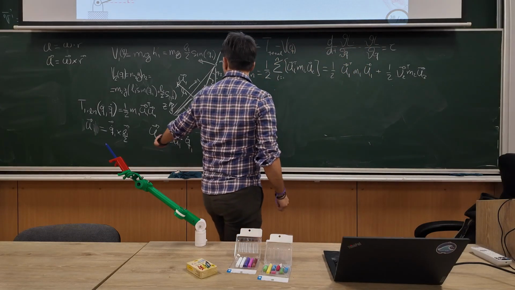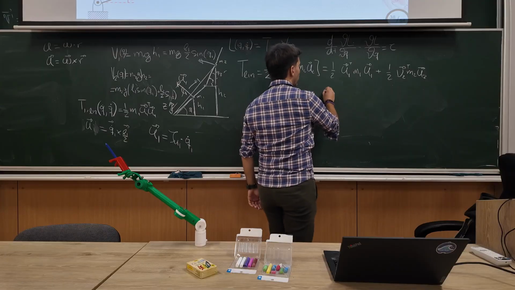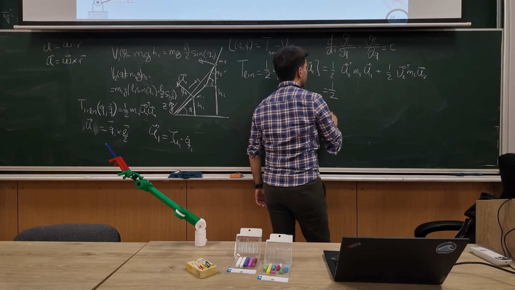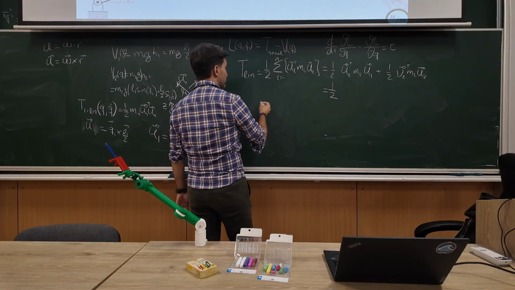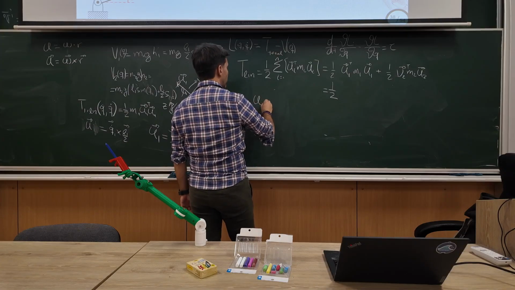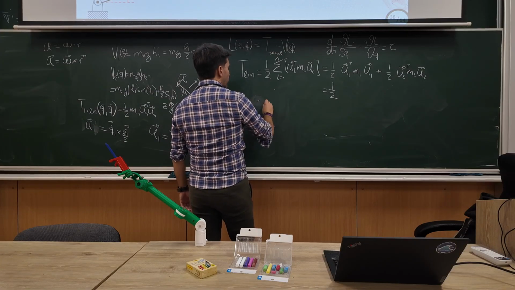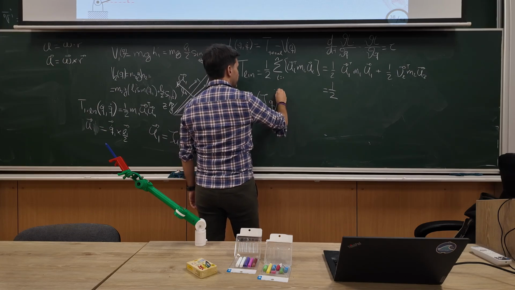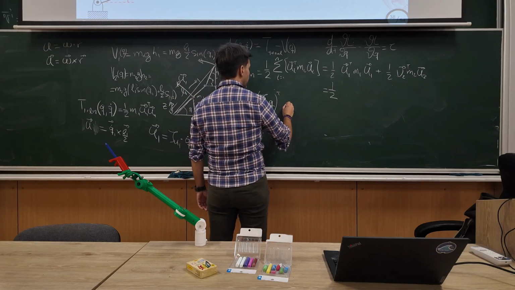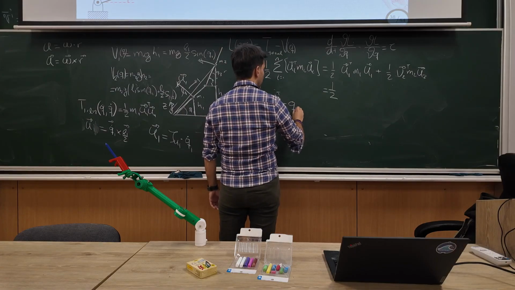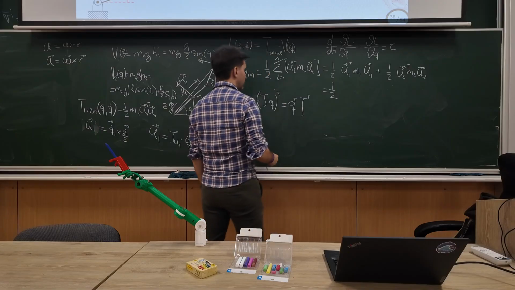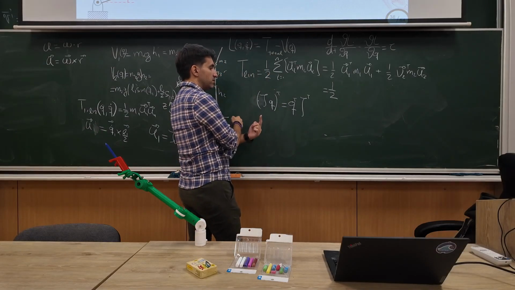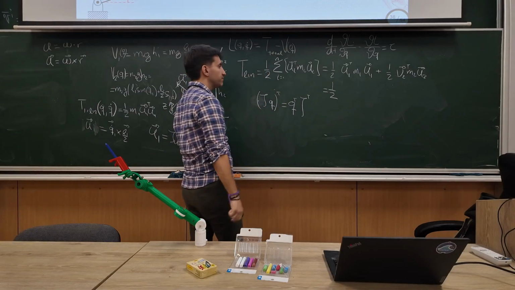And I say I can substitute this U1 with the Jacobian, so I can write 1 over 2. And also an interesting, useful thing that we need to know, the transpose of this is Q transpose J transpose, right? So I change the order and I transpose things.